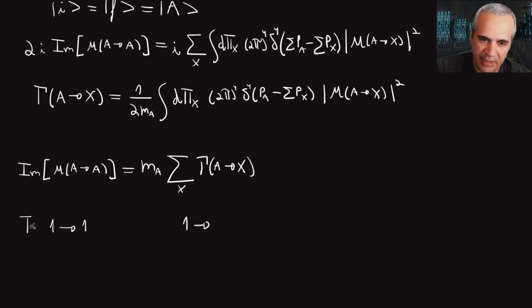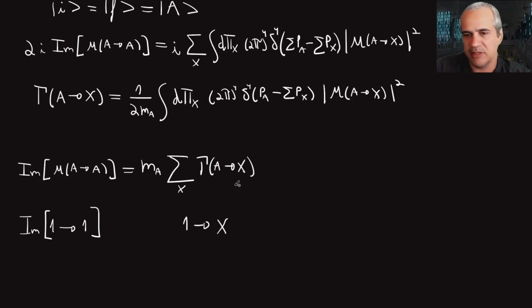So let's put imaginary here so we don't forget. To the total decay width from 1 to X. And the sum over X, if you remember, that's also a discussion we had in quantum field theory 1. You might remember that we call this decay into a particular set of final states a partial decay width. So there are particles that have many possible decays. Take the W boson, it can decay to electron-positron, or it could decay into quarks.